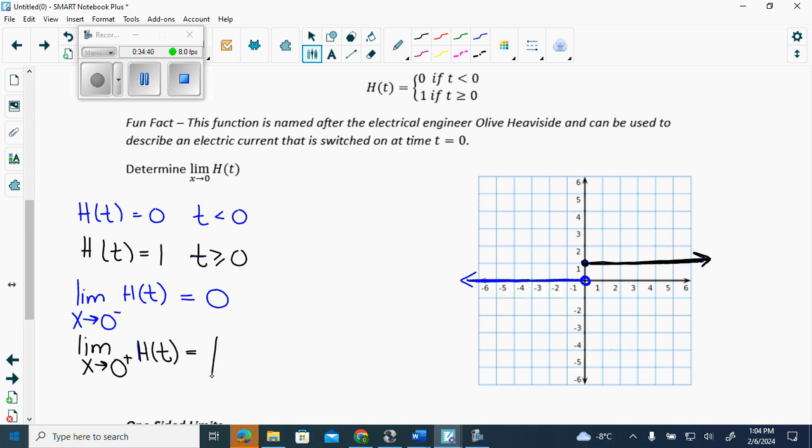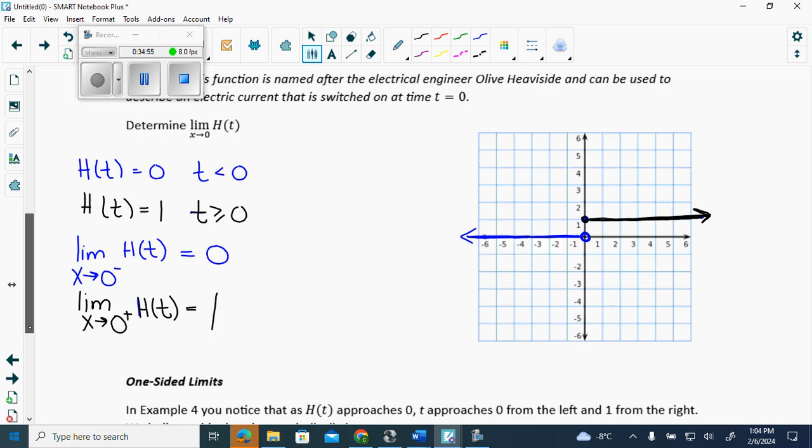No. If the two do not come to the same value, you can have a left-handed limit, you can have a right-handed limit, but that doesn't mean the limit itself exists. So you're always going to show that from the left it's 0, from the right it's 1.